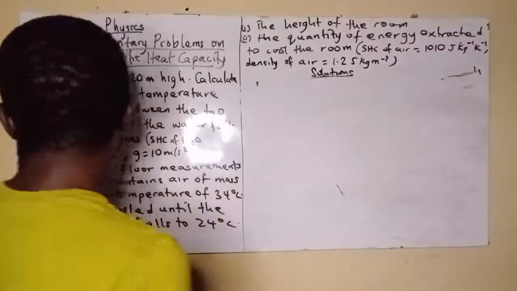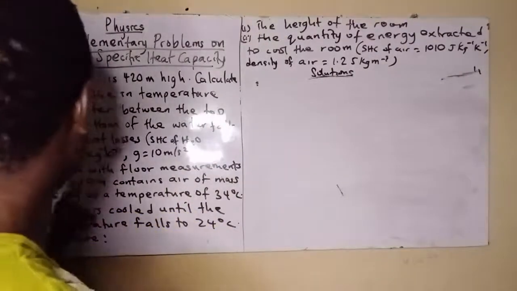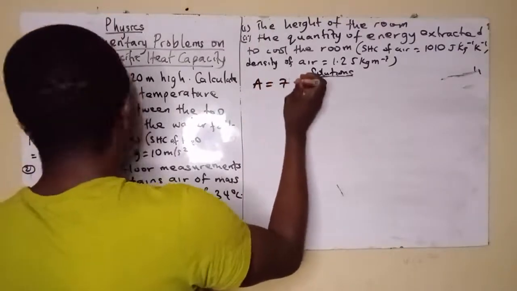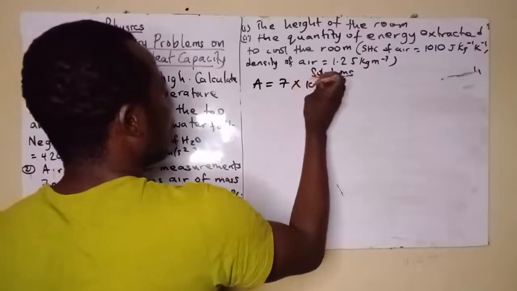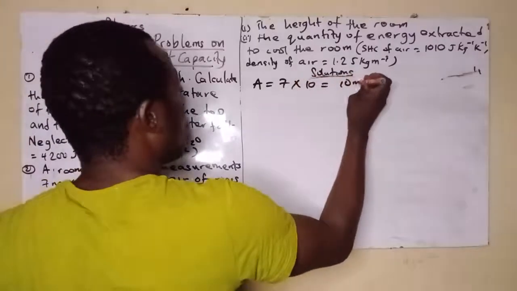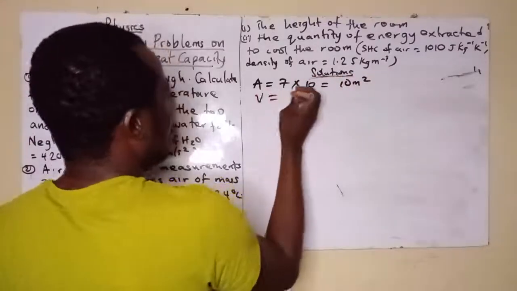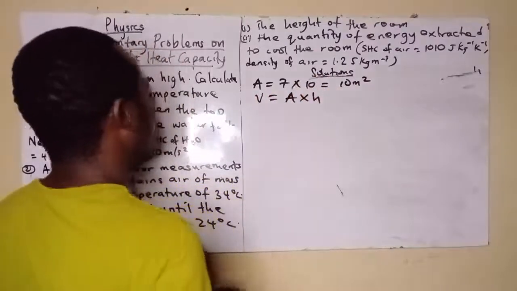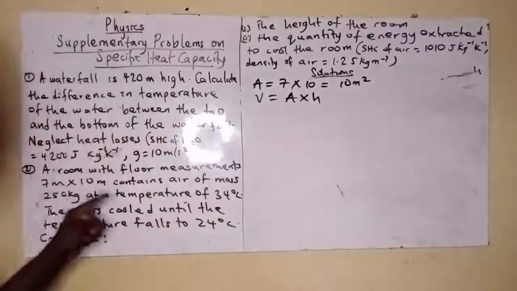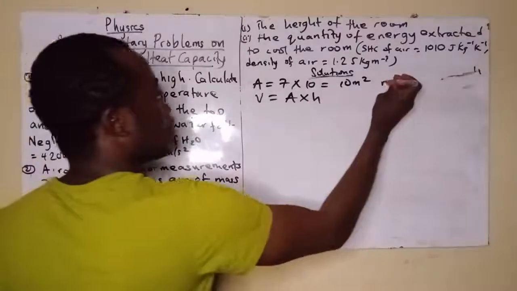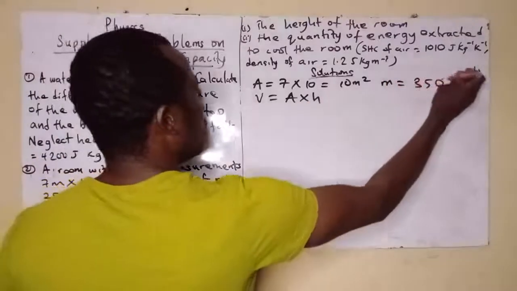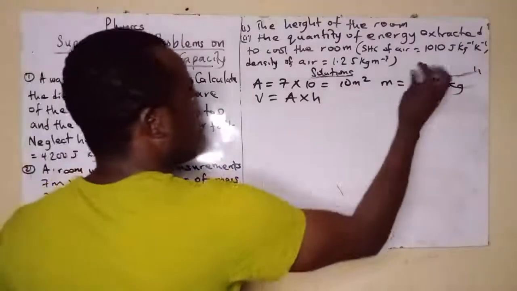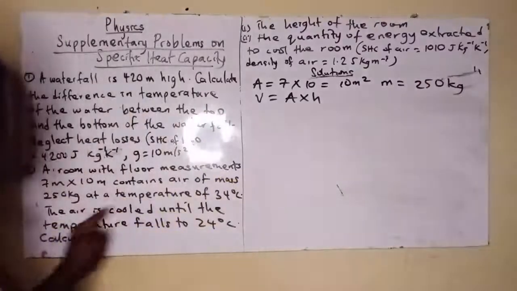Let's solve. Now let's list out our parameters. The area is 7 times 10, so that's 70 meters squared. And we all know that volume is area times height, so let's leave that one for later. Then the mass is 250 kilograms.